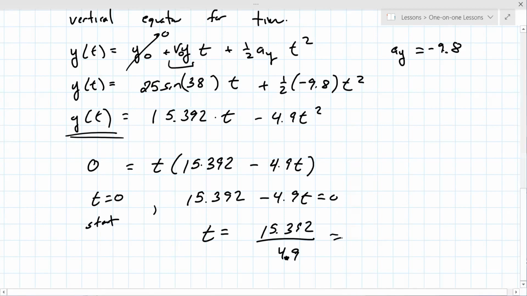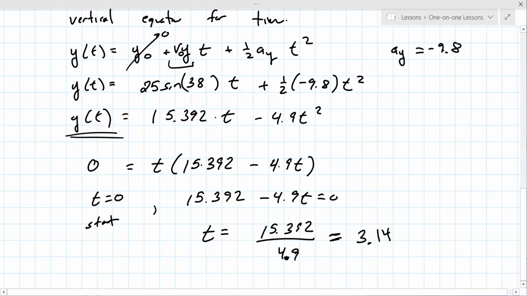So what does this become? I'll calculate on my calculator. 15.392 divided by 4.9 gives 3.1412, so just 3.14.